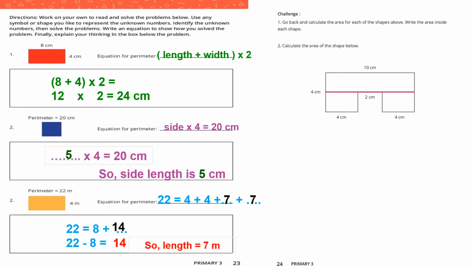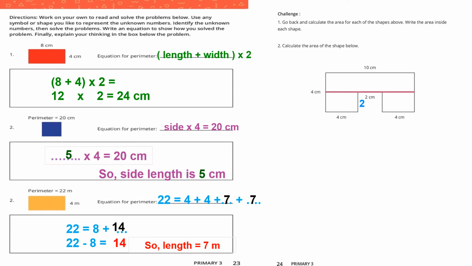This area is like a square, and I know that this side is 2. So this will be what? 2 centimeters. And this will be what? This is a rectangle, so the width here equals the width here.